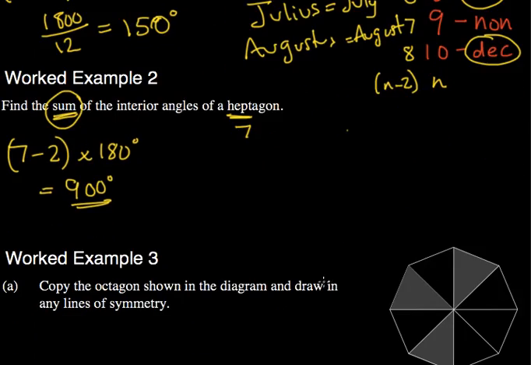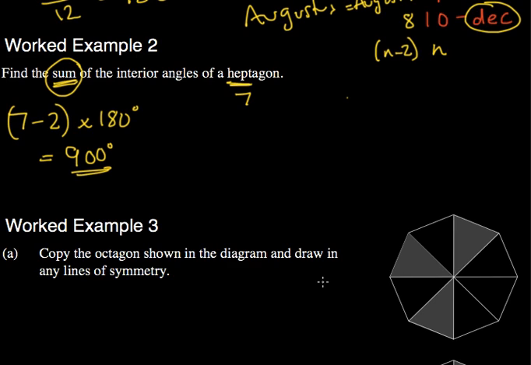Okay, let's have a look at the third worked example here. So this octagon has three different shaded triangles here, and it's asking us to draw in any lines of symmetry.